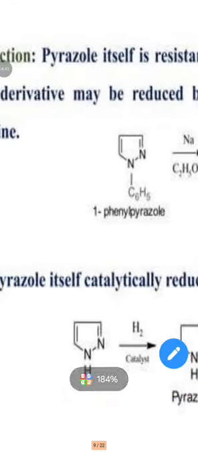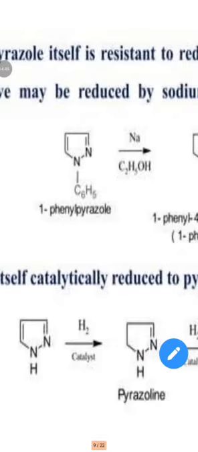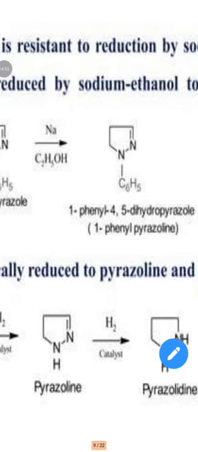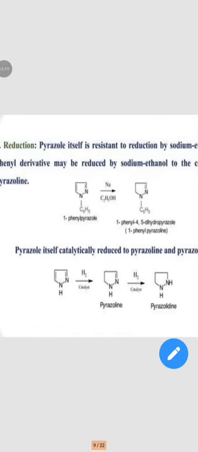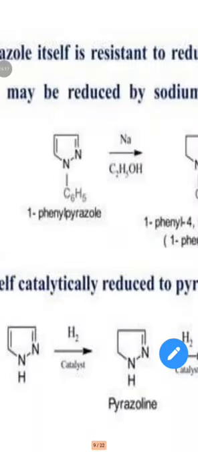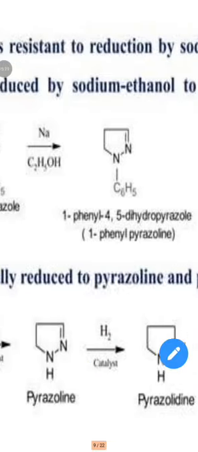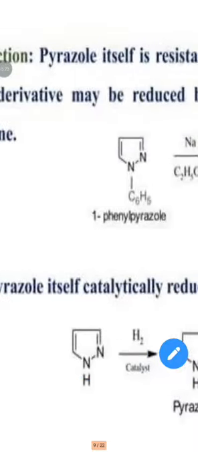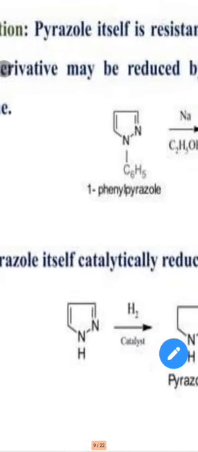So 1-phenyl pyrazole is reacted with sodium and ethanol to form 1-phenyl-4,5-dihydropyrazole, or 1-phenyl pyrazoline. So 1-phenyl pyrazole is converted into 1-phenyl pyrazoline.